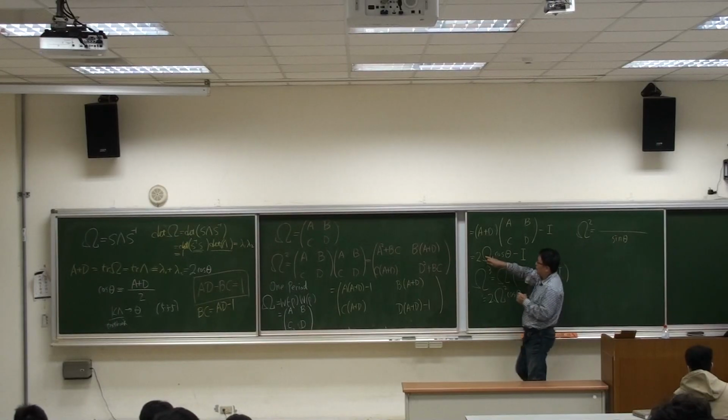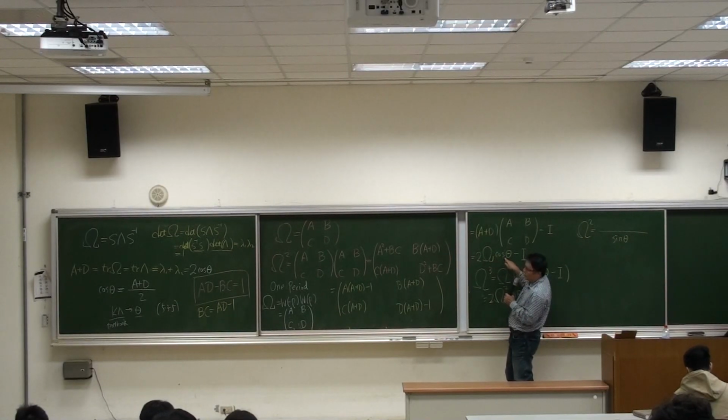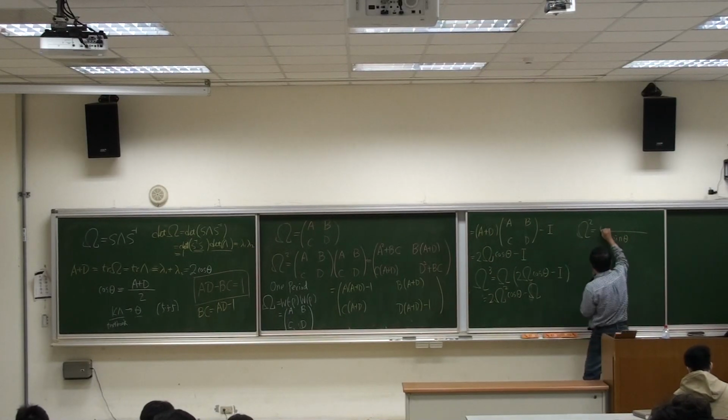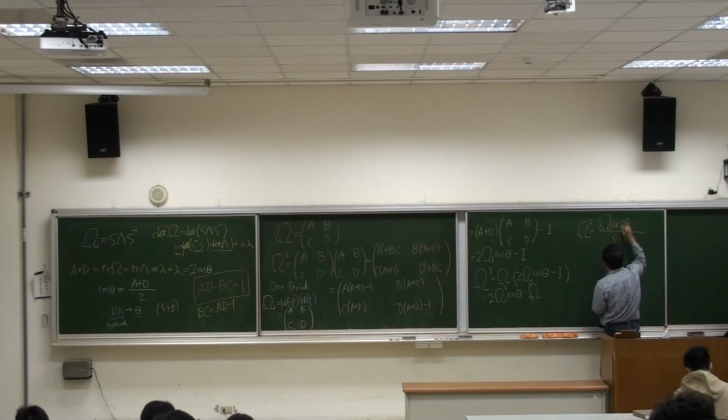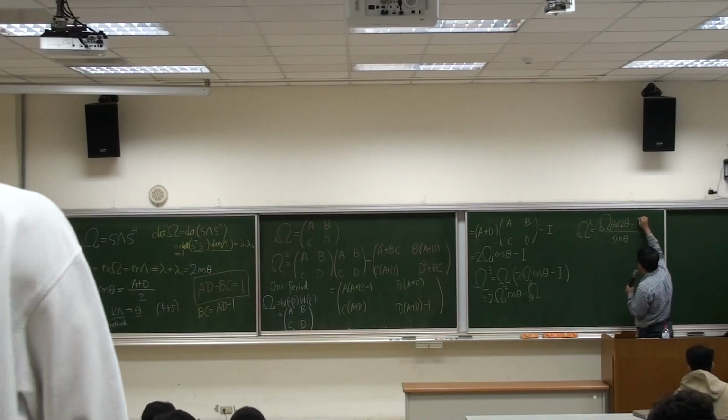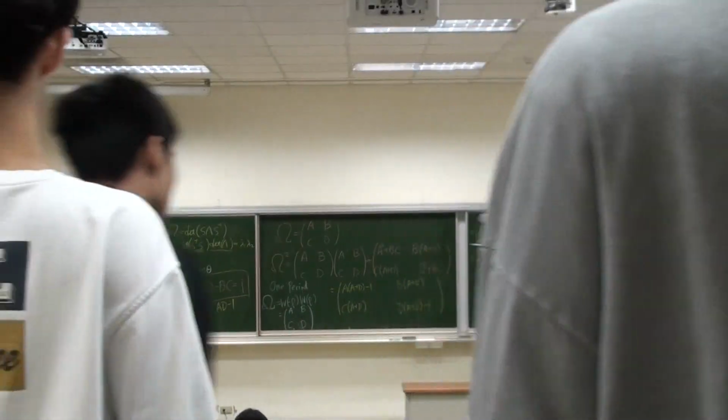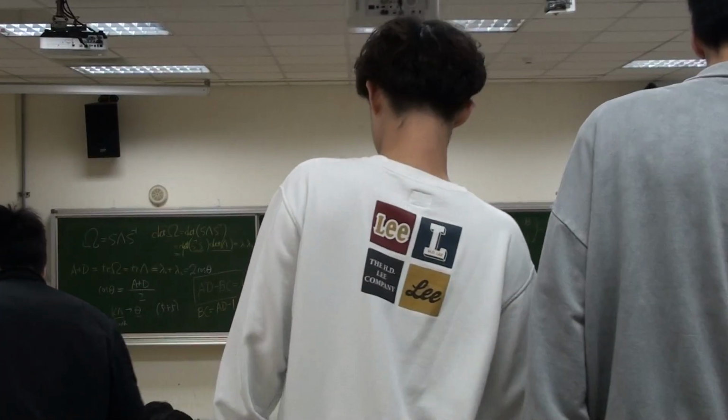And 2 sine theta cosine theta is equal to sine 2 theta, and minus this.